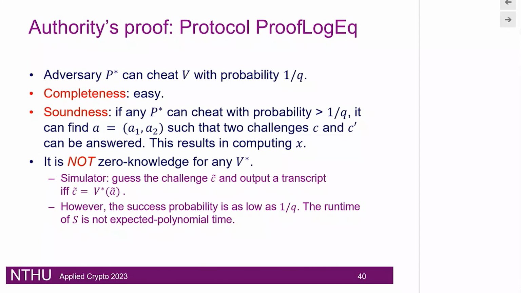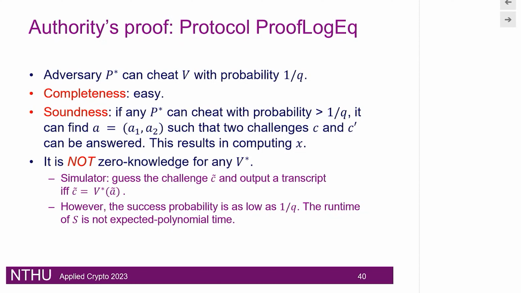So let's see what the chances are if the prover can cheat. The prover here is authority j, who doesn't know s_j, his share of the secret key, and is trying to cheat by using this protocol and convince the verifier that he used the same s_j, but he didn't.